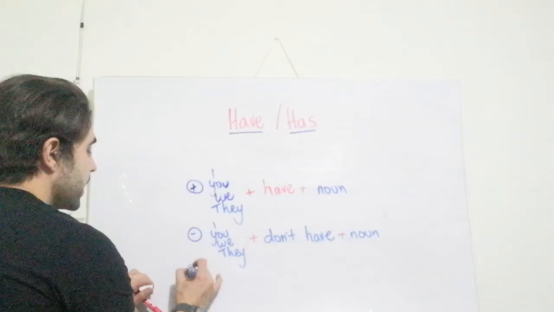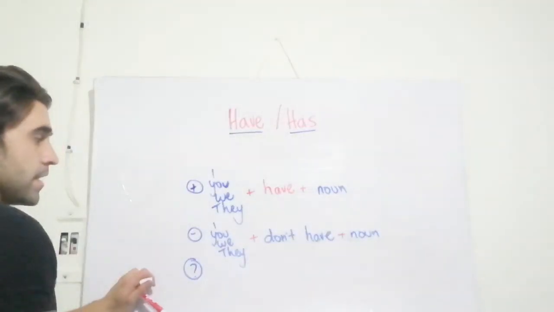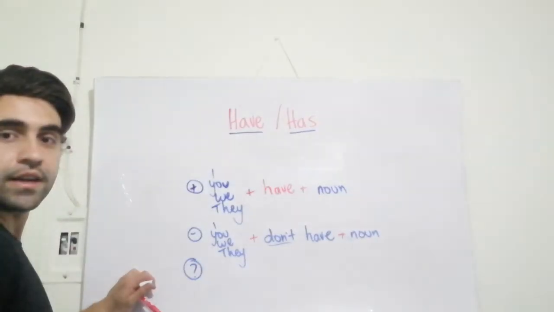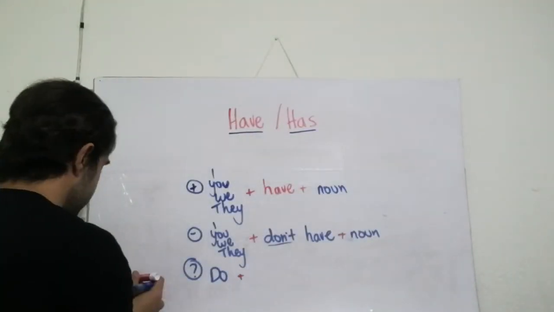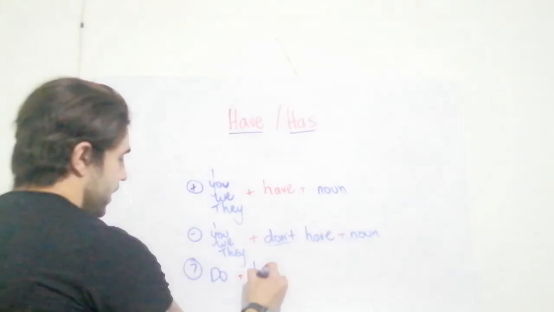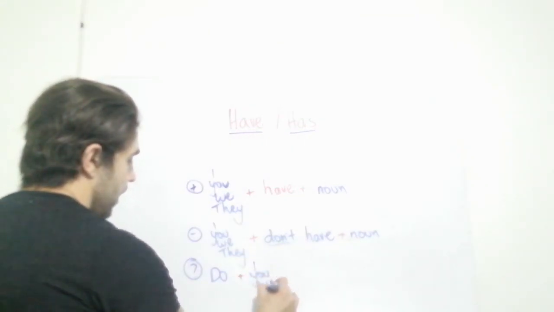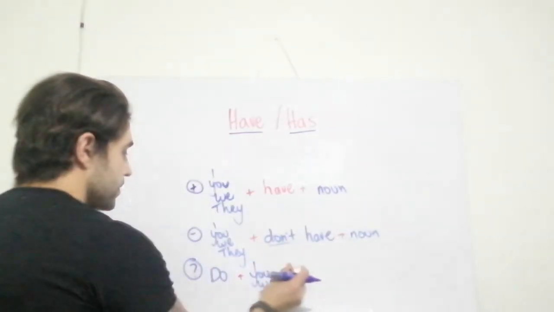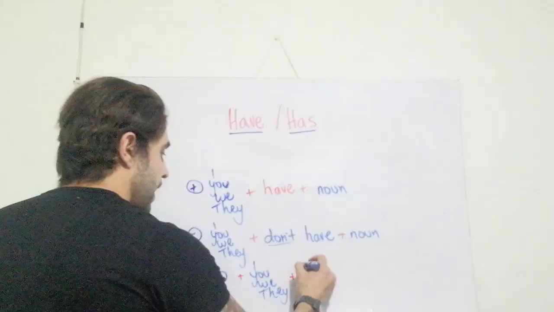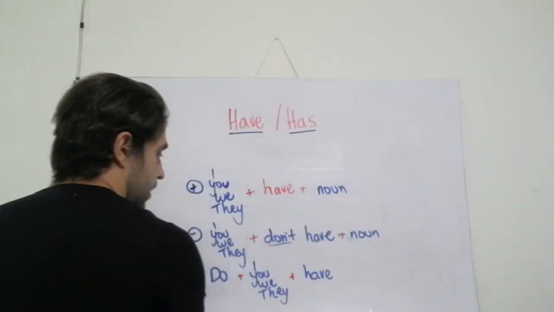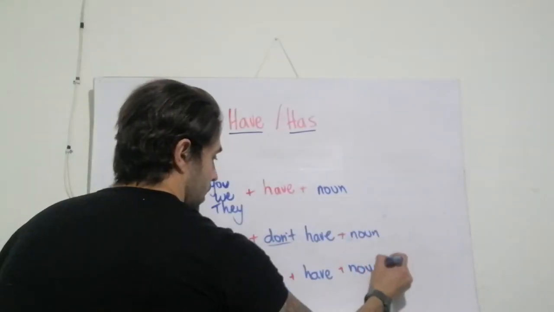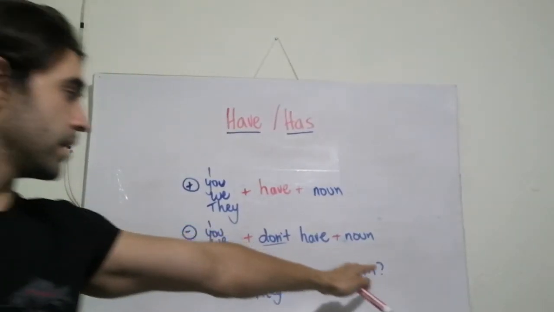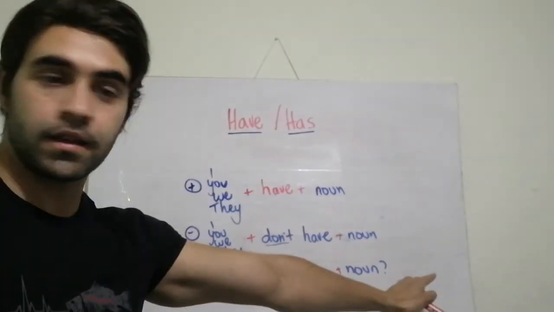If I want to make the interrogative sentence, then I use this auxiliary and I say do, and after that we say do I, you, we, and they, and then we use have, and finally we have a noun and the question mark.